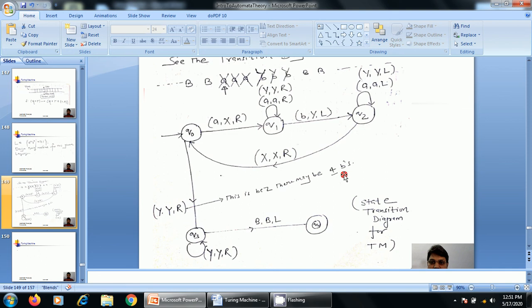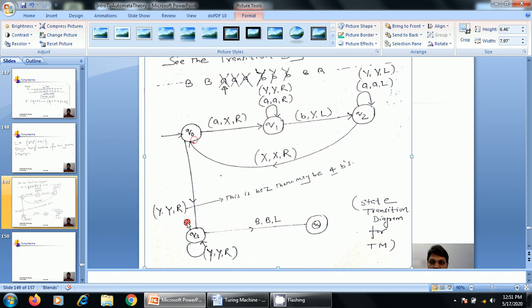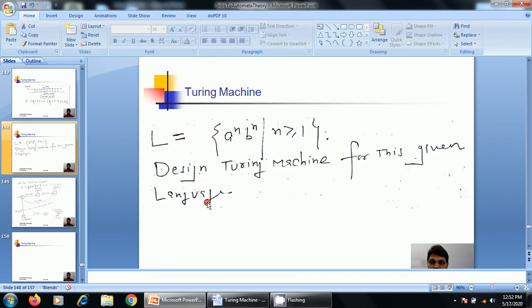If the machine halts at q2, q1, q0 or q3, it means that particular string is not accepted. This is also called a transition diagram, and this is the Turing machine for this language, and this is an important question. Okay, thank you.